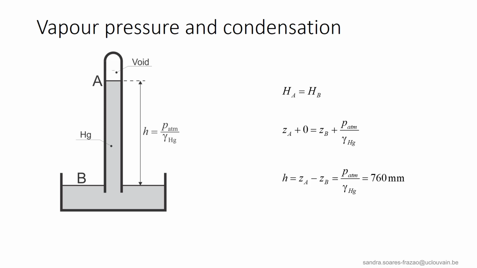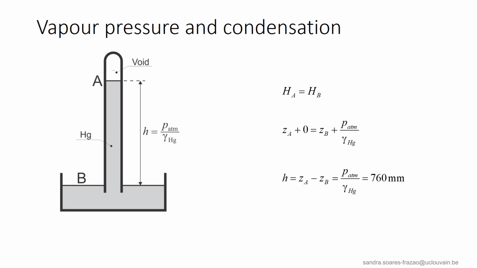To explain the formation of rain, a key concept is that of vapor pressure that can be highlighted by this experiment. A tube filled with mercury is put upside down over a container also filled with mercury. Mercury in the tube will be at equilibrium at a height of 760 mm, highlighting the effect of the atmospheric pressure.